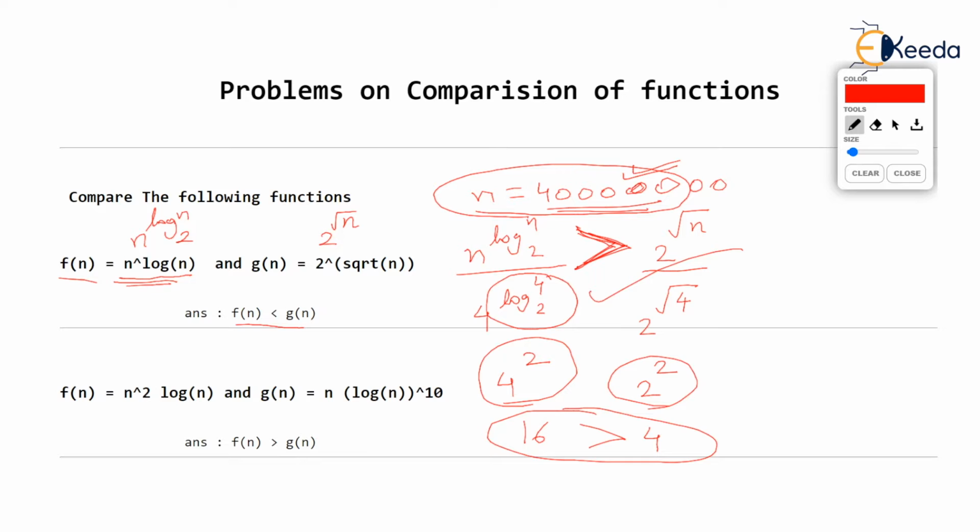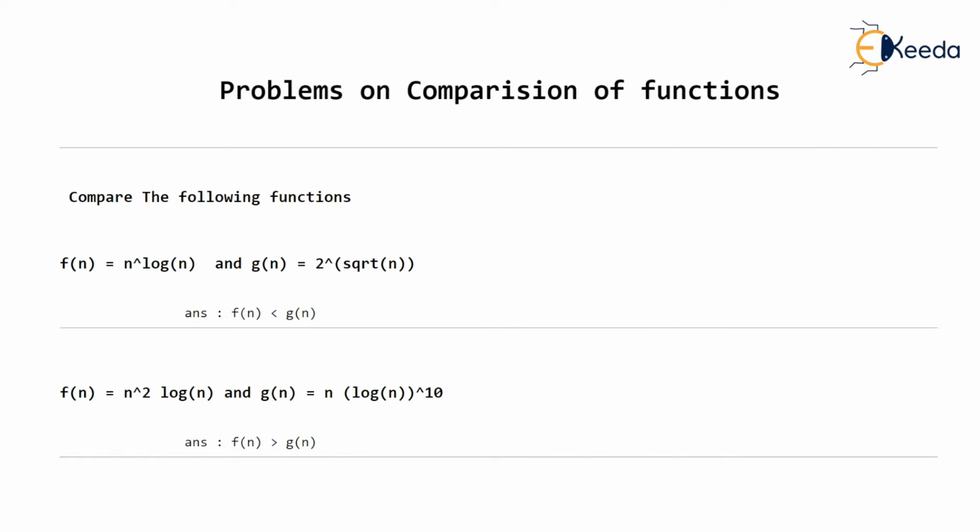So when it is not obvious by just looking at the functions, when you can't make out which function is larger and which is smaller, then what you can do is use logarithms. To use logarithms, you should know a few properties of logarithms.